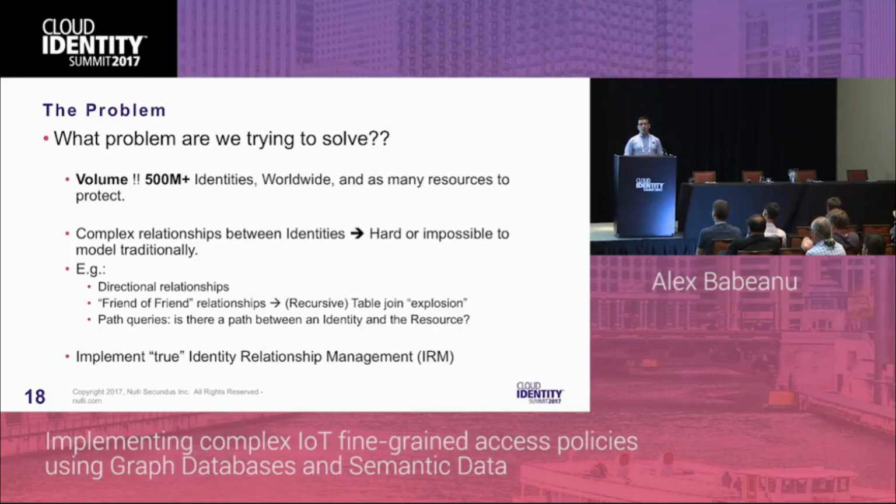Also things like path queries: is there a path from one vertex to another, from a node to another? Is there an actual path? And also the goal of that client was to implement a true IRM system, a true identity relationship management system. So graph was an ideal fit for that.